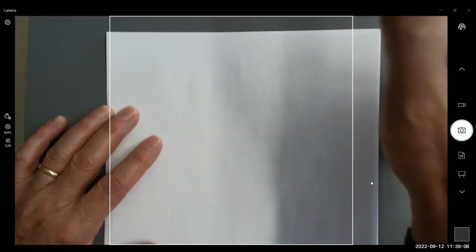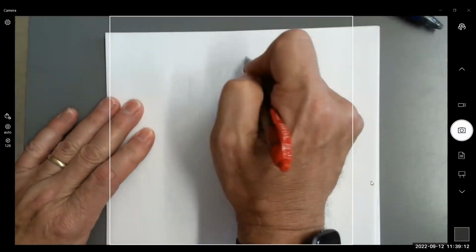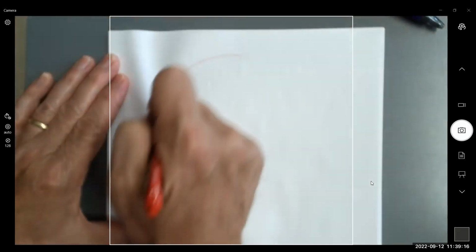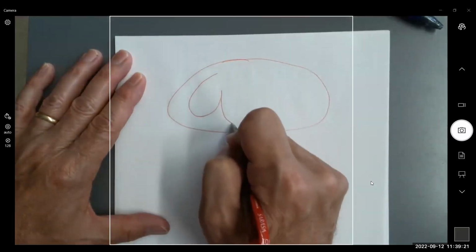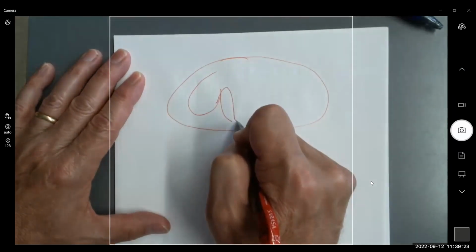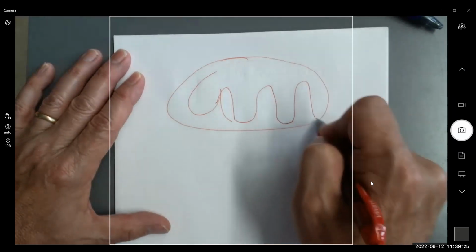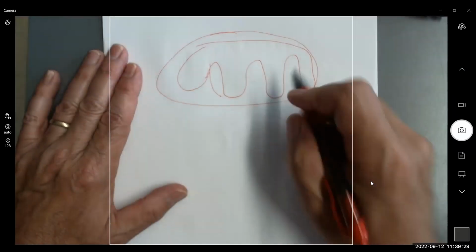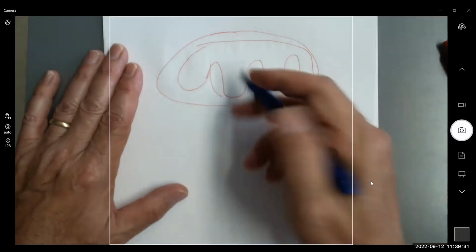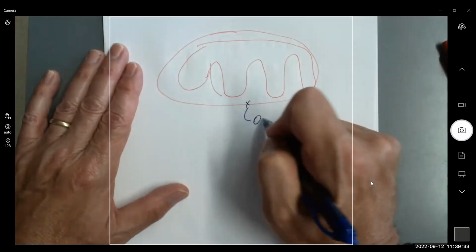I'm going to go back to our little blackboard here. So inside the mitochondrion, you have the outer and the inner mitochondrial membrane.